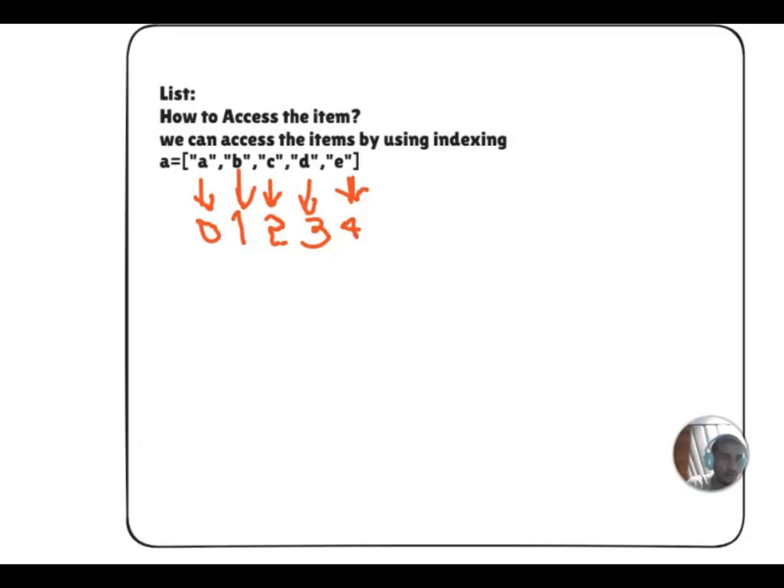While you reverse this, e is taken as -1. And d as -2. And c as -3. And b as -4. And a as -5.